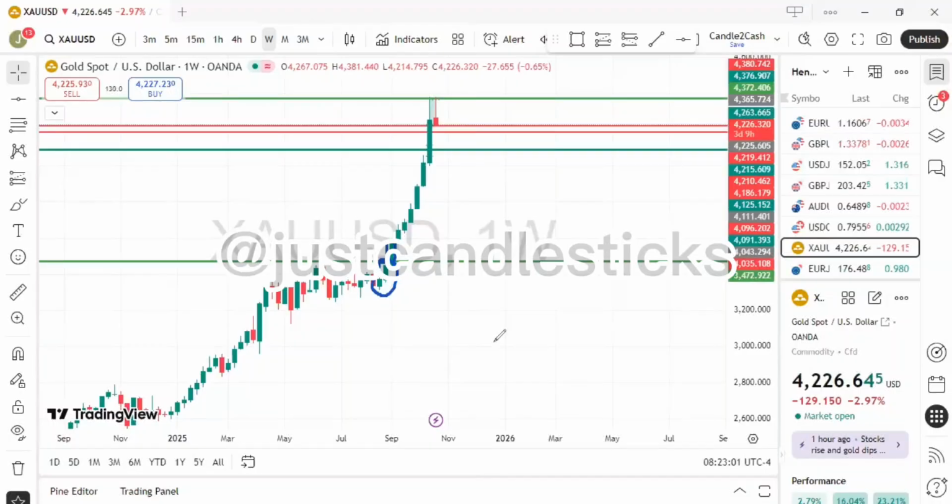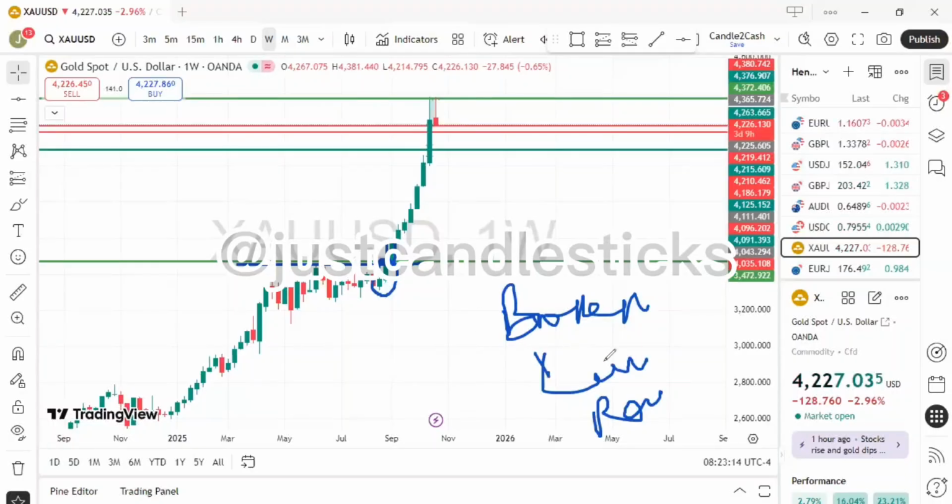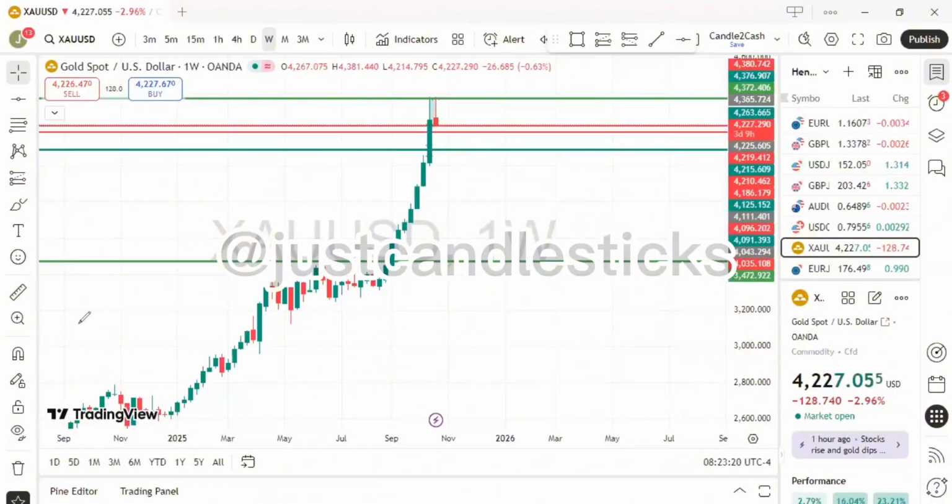If you remember that I said something about when you have a level, it can either be broken, consolidate, or reverse. Then I explained that if a level is going to be broken, you are going to see a momentum towards the level.